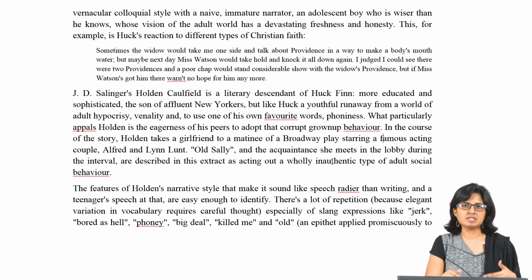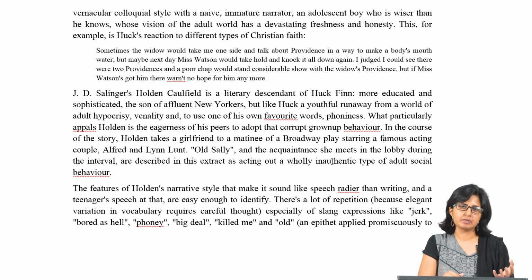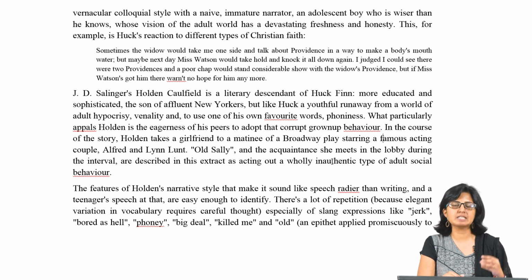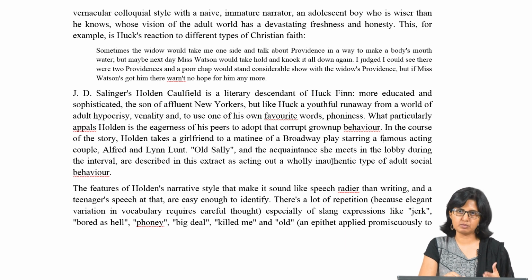So, alienation is something that comes across as extremely significant right from the beginning. We get to know from the tone, from the attitude that Caulfield adopts, that he couldn't care less. There's a kind of cynicism that he has, and he feels alienated from the society, from his family, from everything around him.